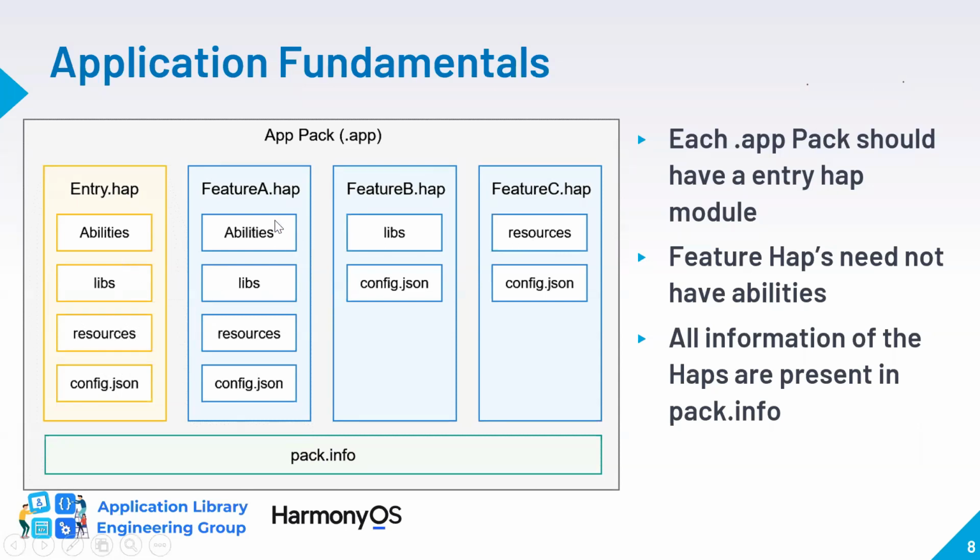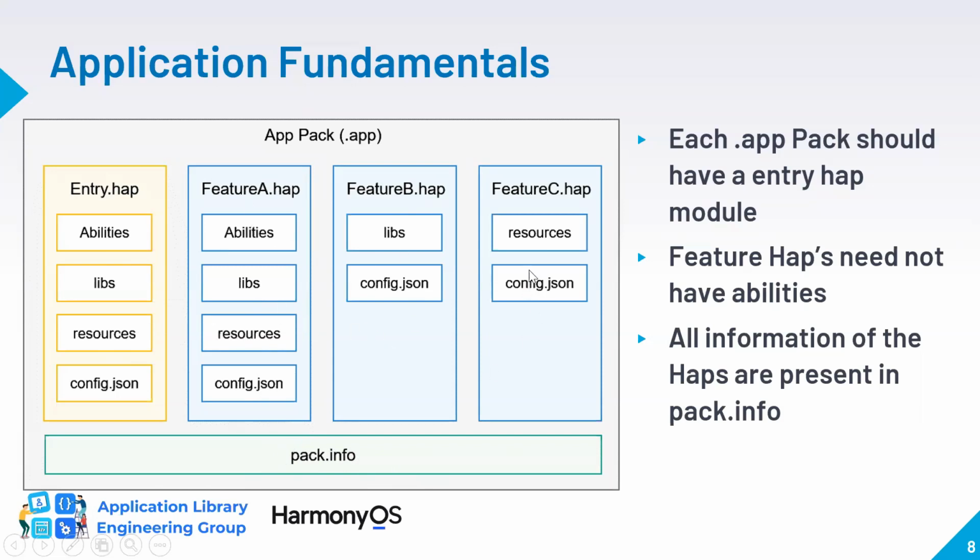Each ability will actually represent each functionality within your application. So this will be the content of your application. And also you can see there is a pack.info. This pack.info will ideally refer to the details of each and every app that you have over here.